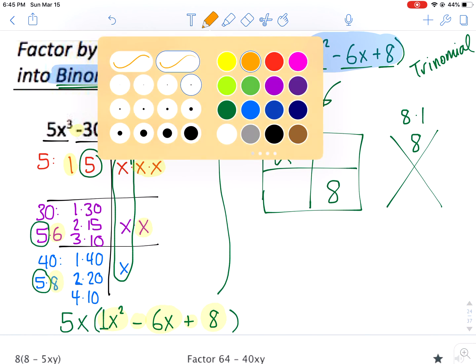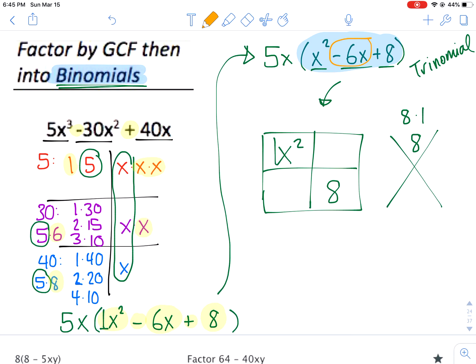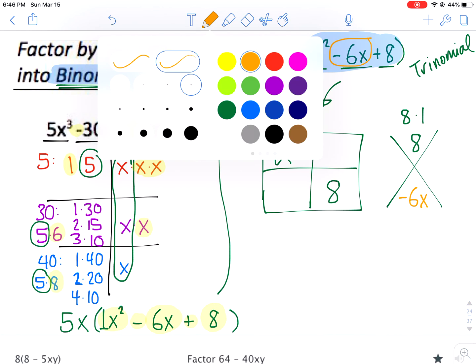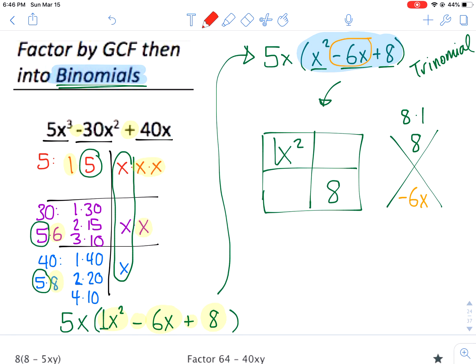And in the bottom, we're going to put this term here, negative 6x. So we're looking for two numbers that multiply to positive 8, but when you add them, it's still negative 6x. That's going to tell us that both of our numbers need to be negative.